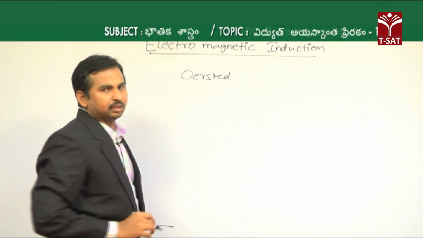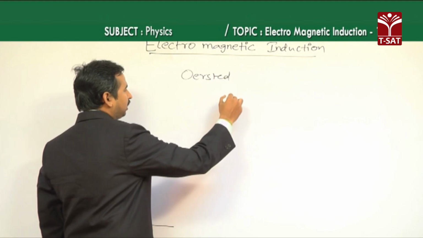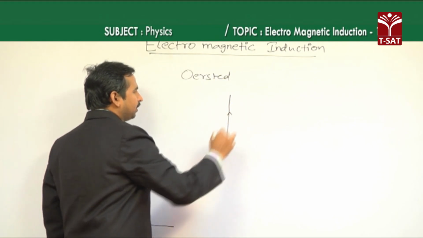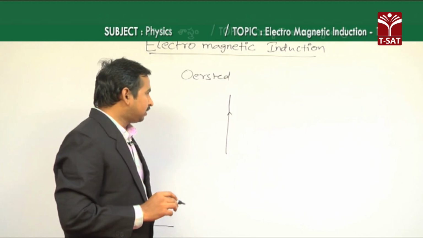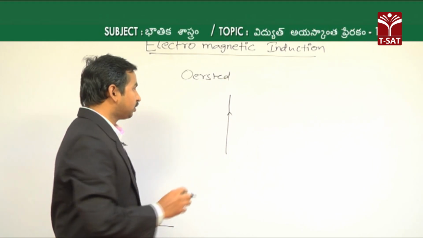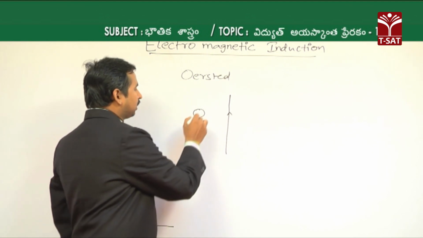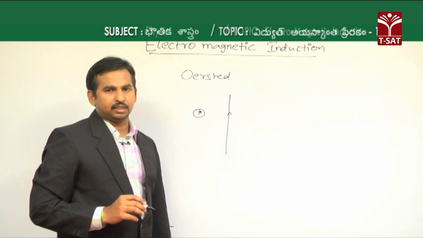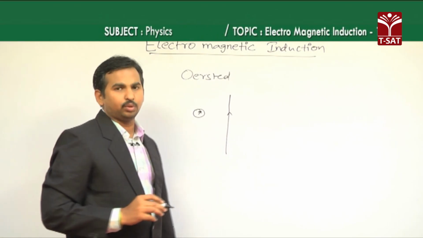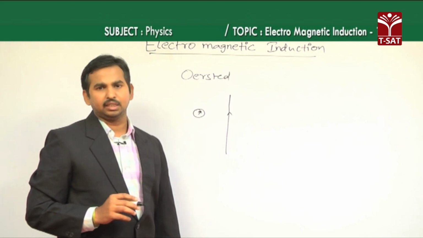Oersted discovered that if you take a current carrying wire, any current carrying wire, and bring a magnetic compass near to it, it shows deflection, which means that when there is a current, there is a magnetic field around that current carrying wire.